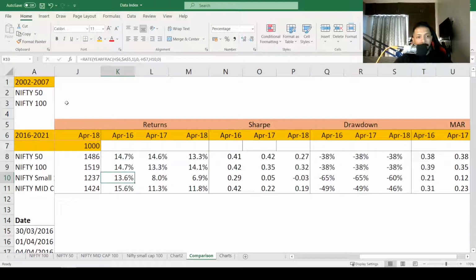Okay, so that means probably there's a mismatch on higher risk is higher return, right? April 17 also, just so that probably there's some data bias, I start calculating from April 17 onwards till 21. Nifty 50 returns 14.6. Okay. Nifty 100 is 13.3. Small cap is 8%. Okay. And Nifty mid cap is about 11.3.